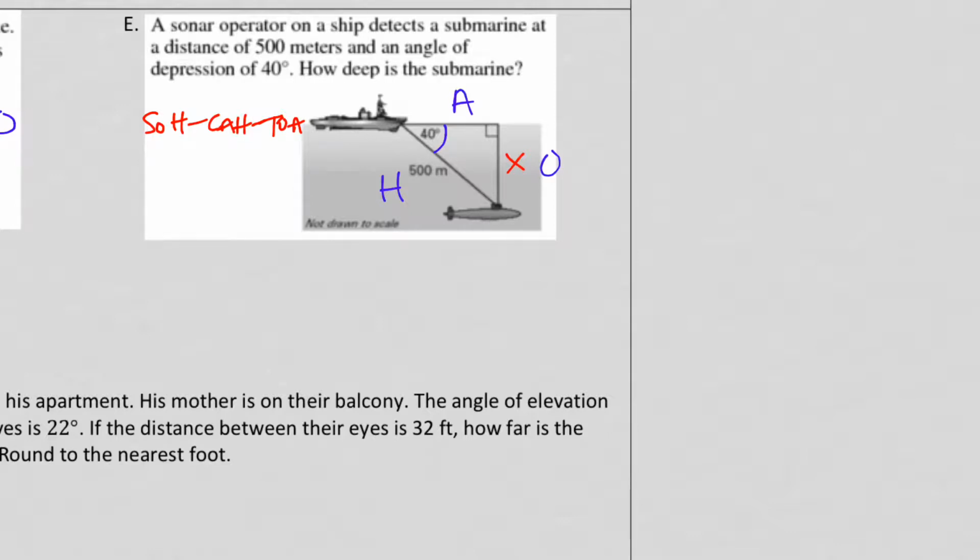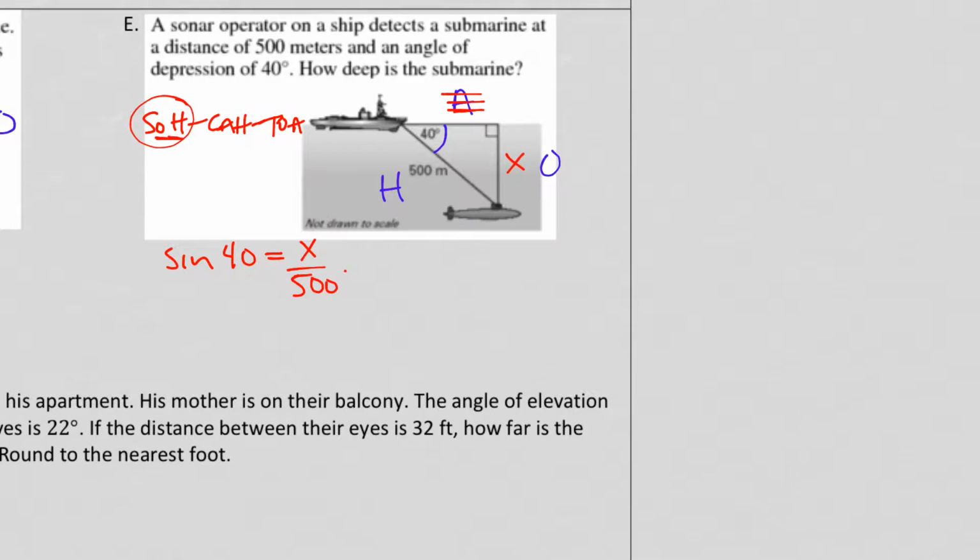Again, in this example, I'm looking for x, so I will use the opposite. And I know the hypotenuse is 500, but I don't know the adjacent side. So I really can't use this for this problem. So I'm not going to use the a, I'm going to use O and h. Well, OH here is going to be sine, so I'm going to pick sine. So sine of my angle of 40 degrees is opposite over hypotenuse.